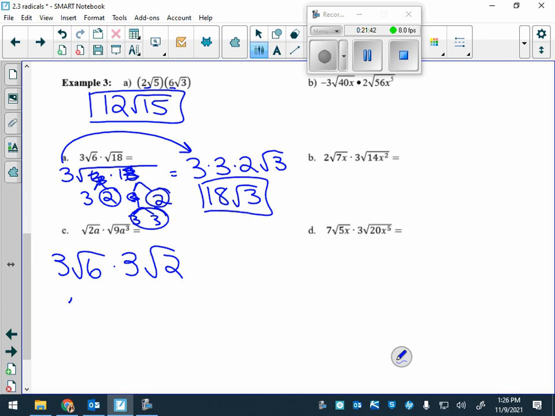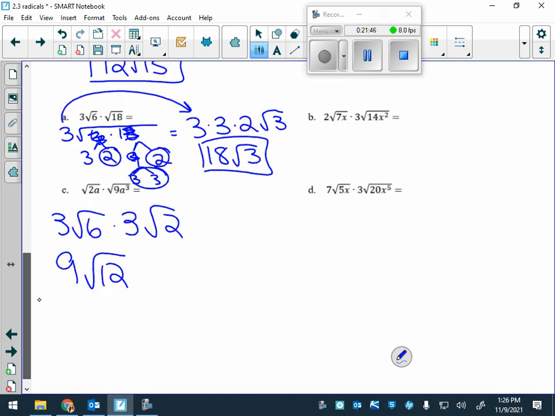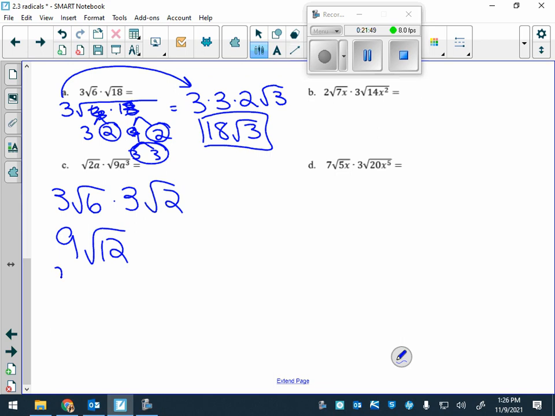Then multiply 9, 12, then simplify the square root of 12, which is 2 root 3, and still get the same answer. Okay? So you could do this a variety of ways, whatever you choose to. There's no right or wrong way as long as you get to the right answer.